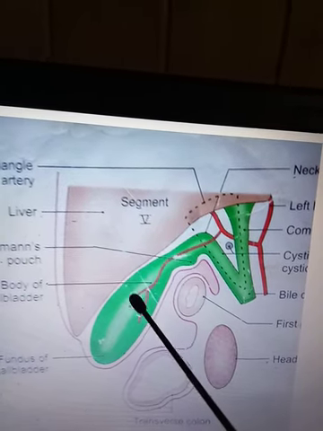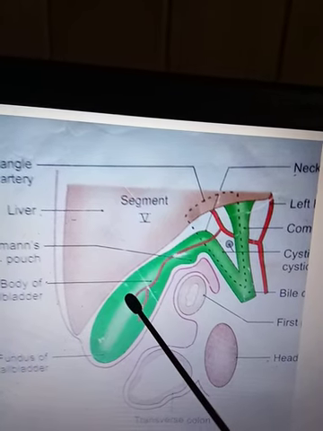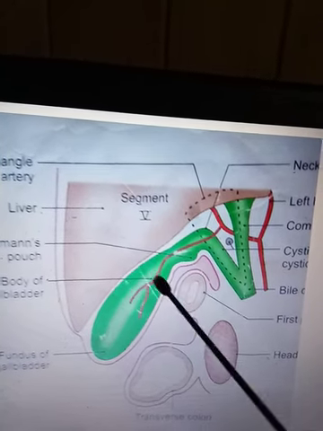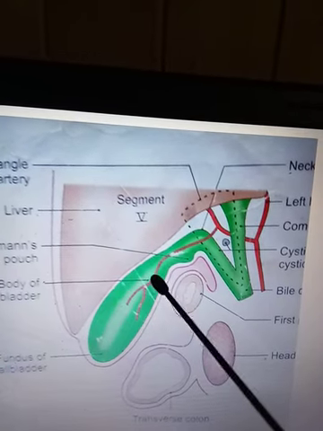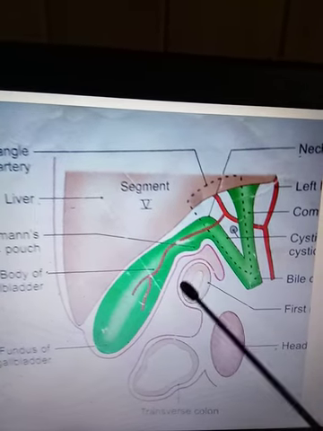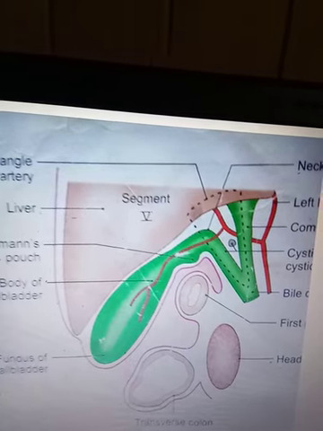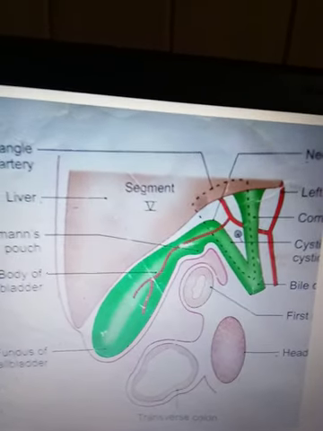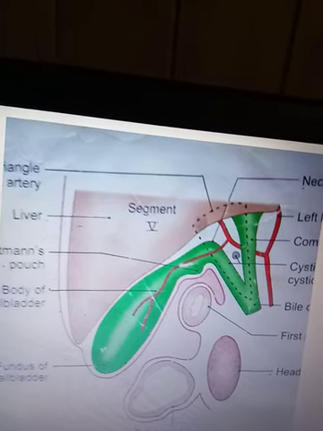So superiorly it will be devoid of peritoneum, since it will be attached to the liver. But inferiorly it will be having the peritoneum, and it is also attached to the first part of the duodenum and the transverse colon.